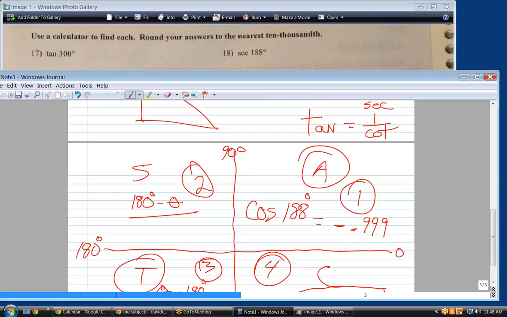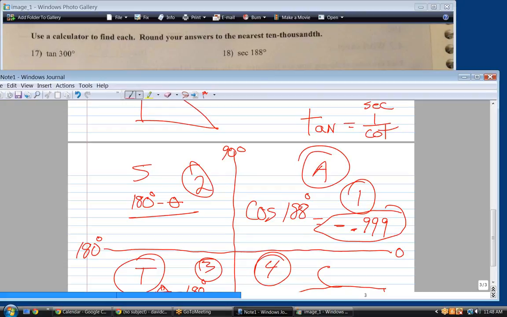Now, how do we figure out what the secant of 188 degrees is? It's not the opposite, it's the reciprocal. Do you have a reciprocal key that will immediately tell you the reciprocal of that number? That's what you want to do. If you don't have a reciprocal key, take 1 and divide it by that number.